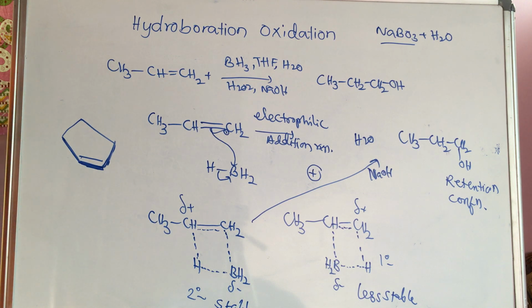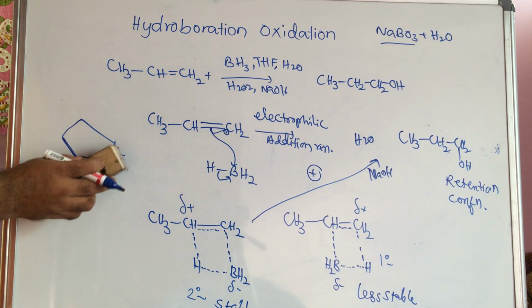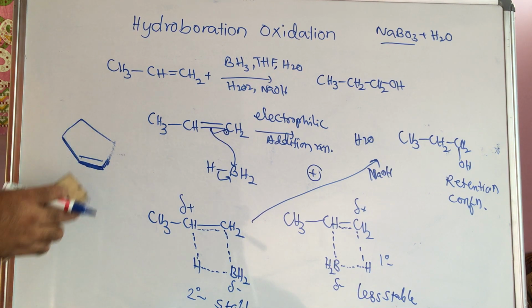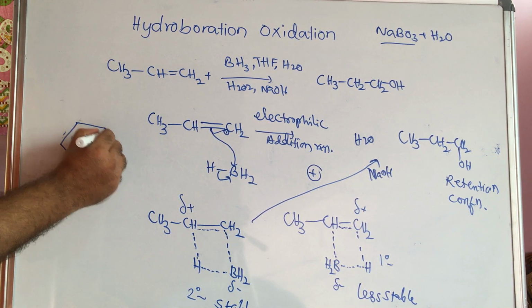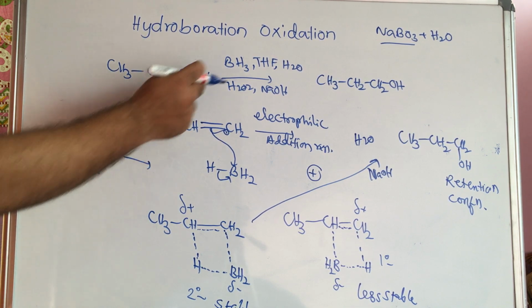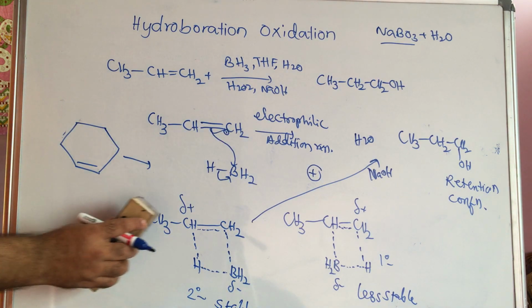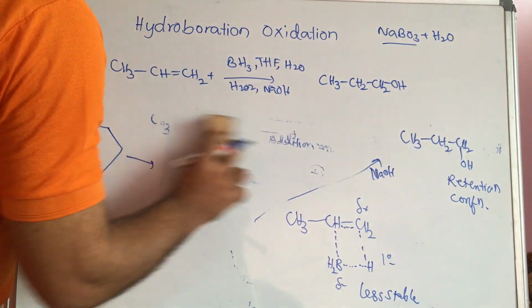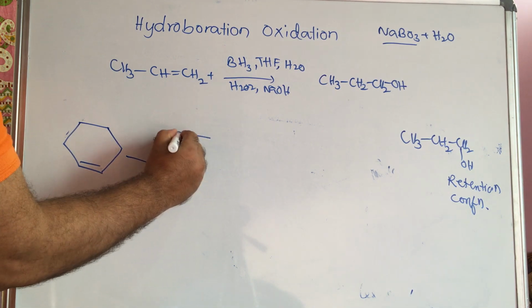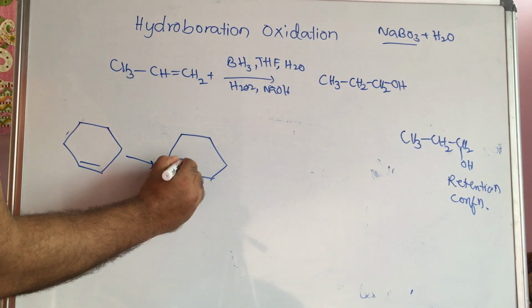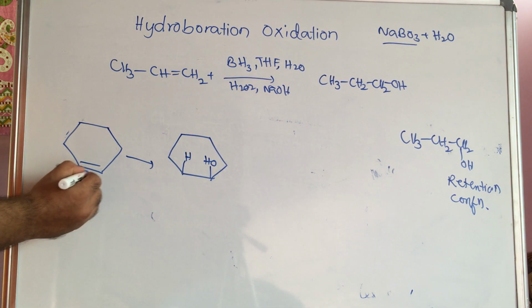In that case, what product will we get? For this compound, it is not actually planar, because it is like an envelope-type shape. If you take this one and react with BH3, THF, then H2O, H2O2, the product will be H and OH. The remaining hydrogens are already present here.